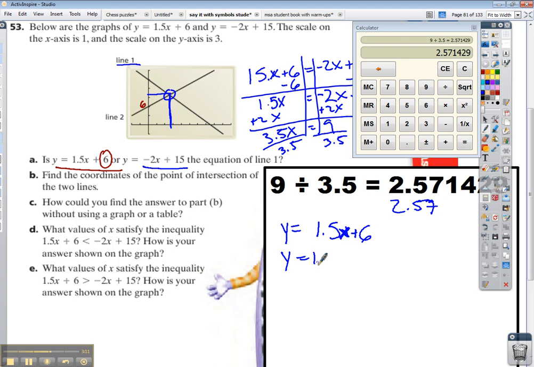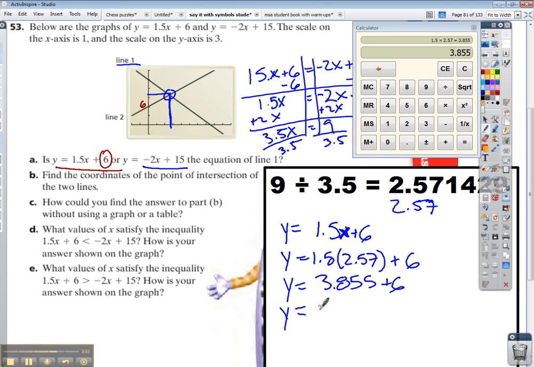So y is equal to 1.5 times 2.57 plus 6. So 1.5 times 2.57. So y is equal to 3.855 plus 6.